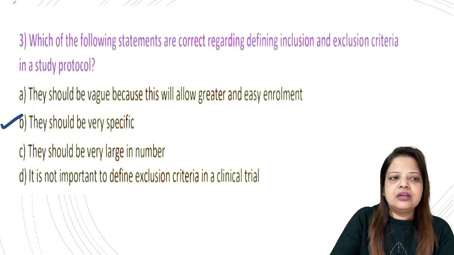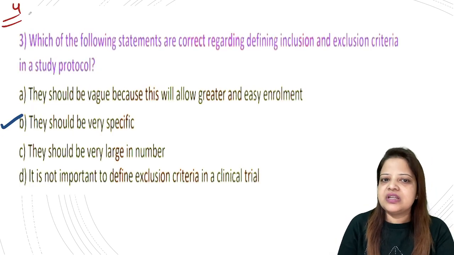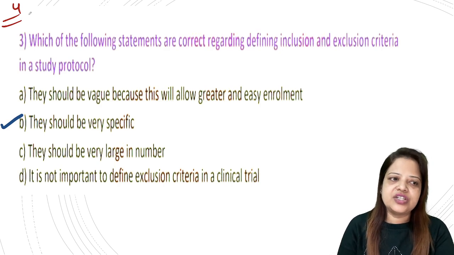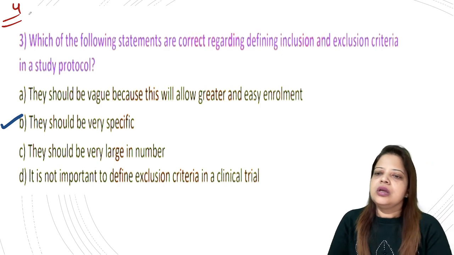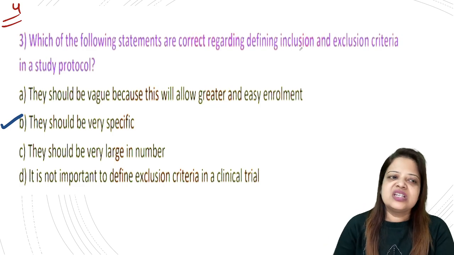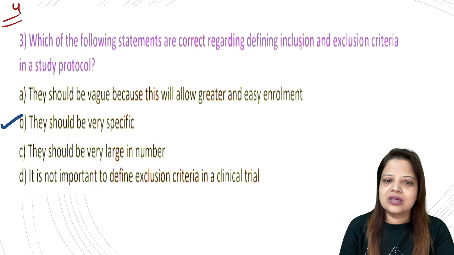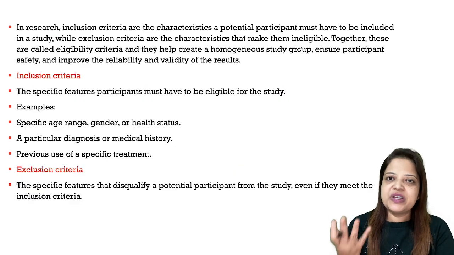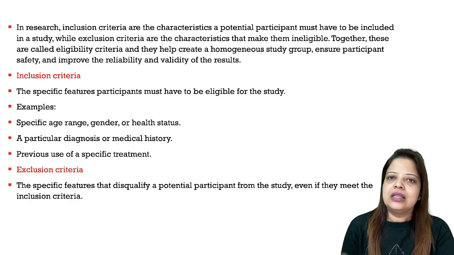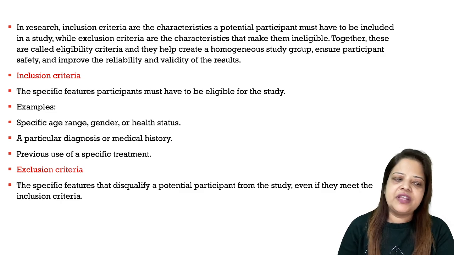The fourth one, which of the following statements are correct regarding defining inclusion and exclusion criteria in a study protocol? First, let me define what is inclusion and exclusion criteria. Basically, exclusion criteria are the specific features that disqualify a potential participant from the study, even if they meet the inclusion criteria.